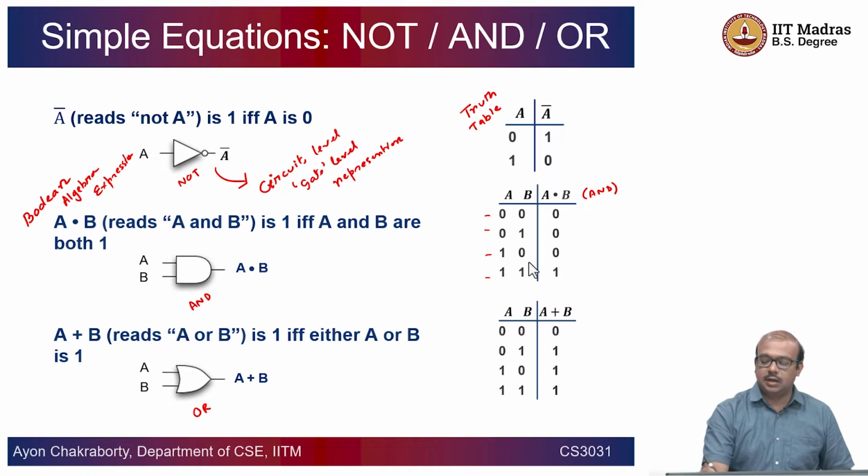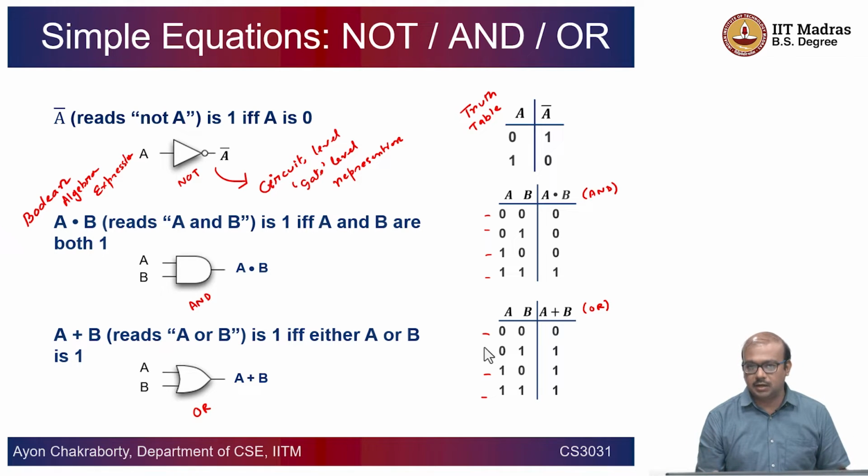Okay. In case of OR, this is an OR operation. Here also you are going to have these 4 inputs, because the number of rows only depends on the number of inputs, right? If you have 3 inputs a, b and c, you are going to have 8 rows, 2 to the power 3.